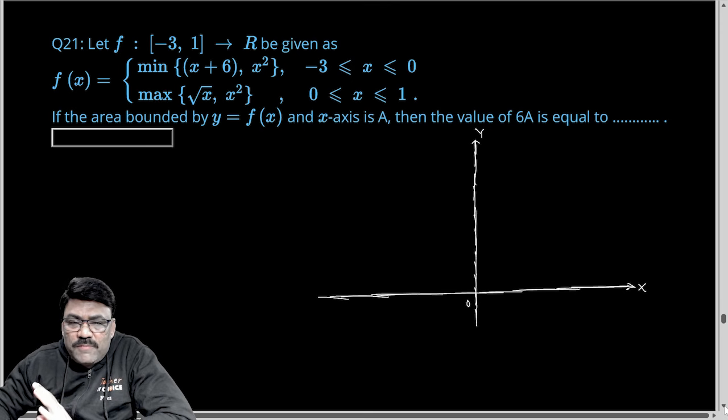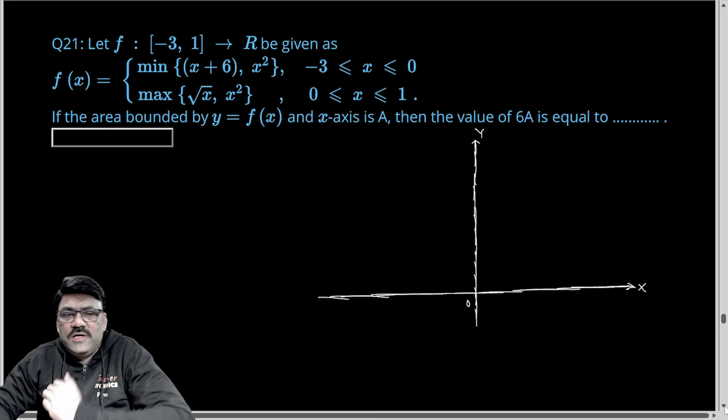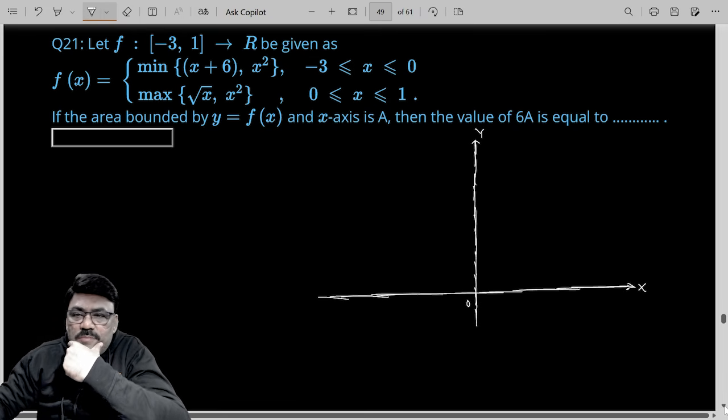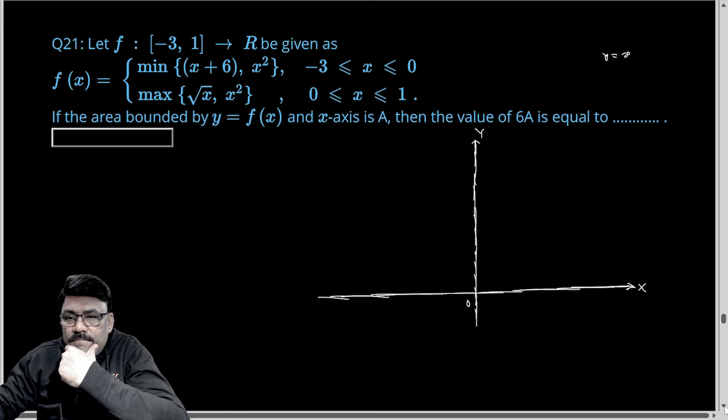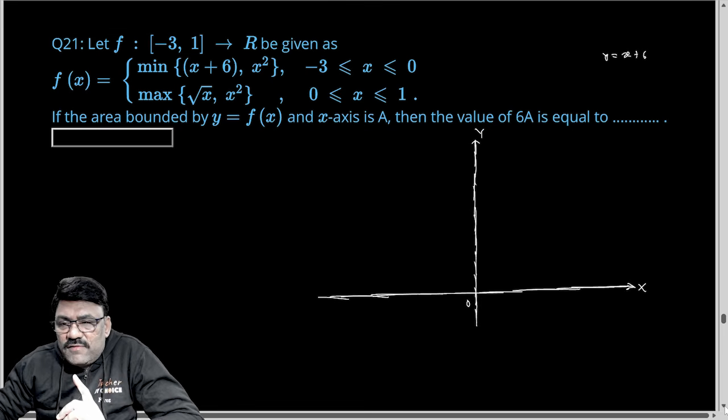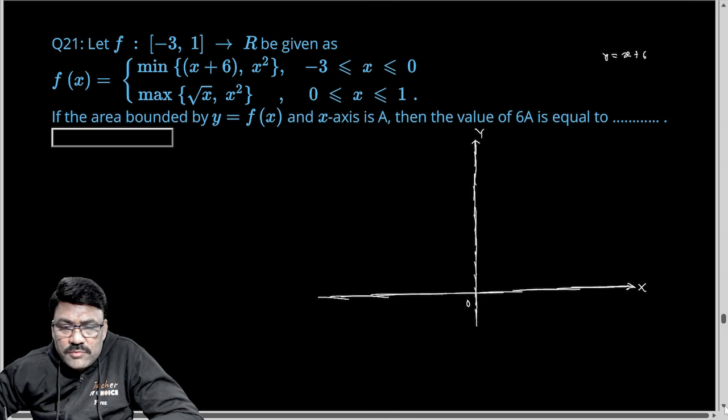See, y is equal to x plus 6 is basically a line, cutting the y-axis at 6 and the x-axis at -6. So this line will go something like this.